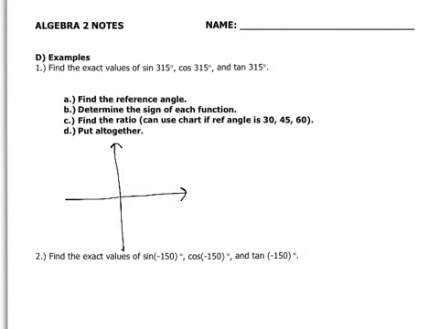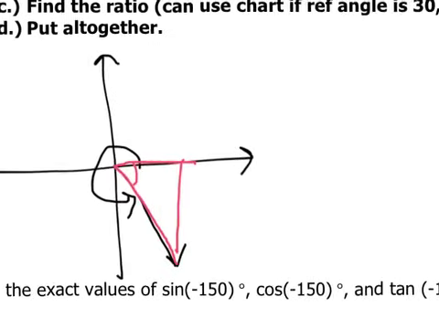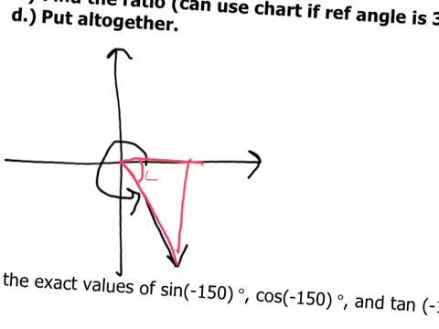Okay, 315 degrees would be right here about. For my reference angle, I'm taking the terminal side, closest part of the x-axis. What's the measure of that reference angle? 45 degrees.